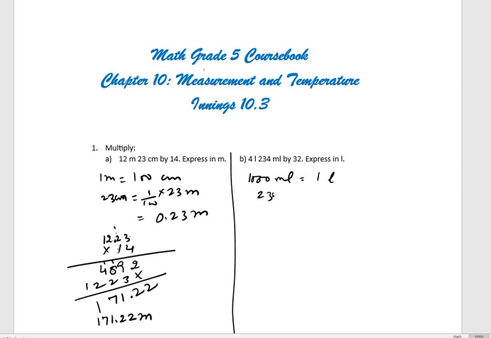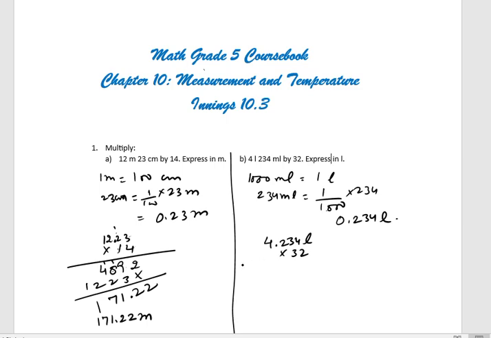So 234 milliliters equals 1 upon 1000 into 234. When we divide 234 by 1000, there are 3 zeros after 1, so there will be 3 digits after the decimal point. So the answer will be 0.234 liters. So here 4.234 liters is to be multiplied by 32.